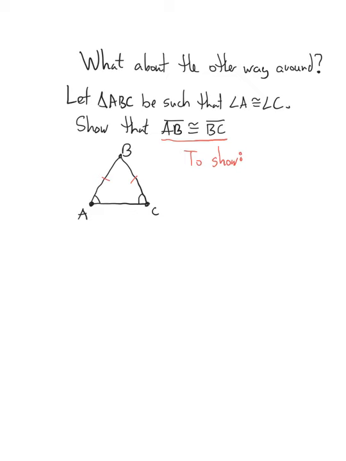So one thing we could do is just do the same thing. We could pick the midpoint M, and I will do that. And I will draw a line. I know these guys are the same.